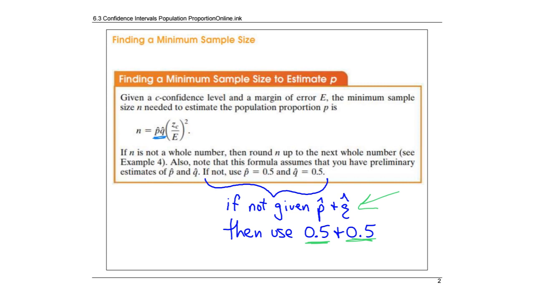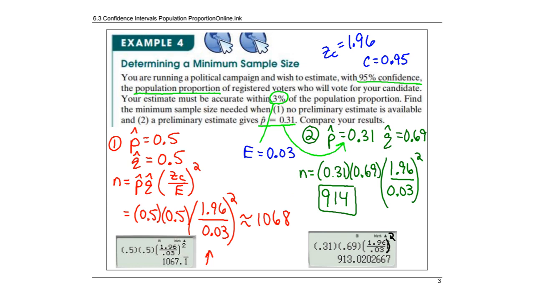All right, let's try one of these. Let's take a look at what they've given us here. So you are running a political campaign and wish to estimate with 95% confidence. So we know that 95% confidence means that C, our confidence level, is 0.95.